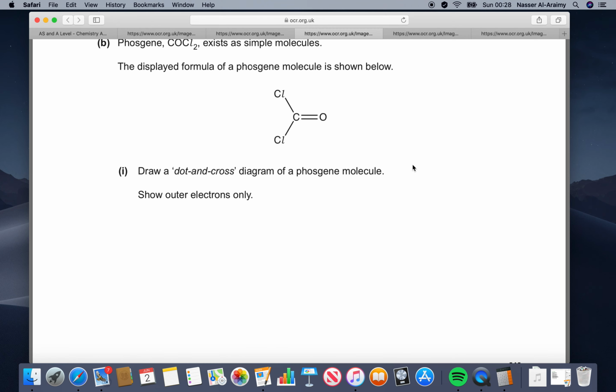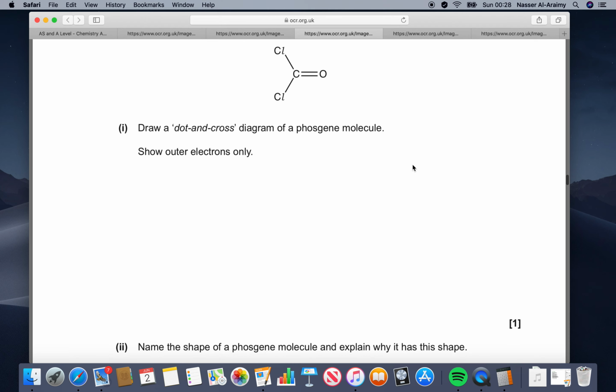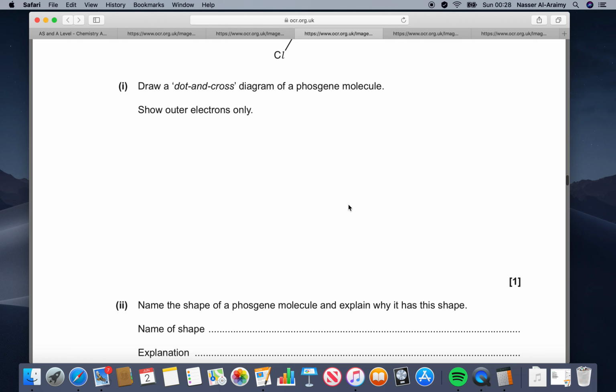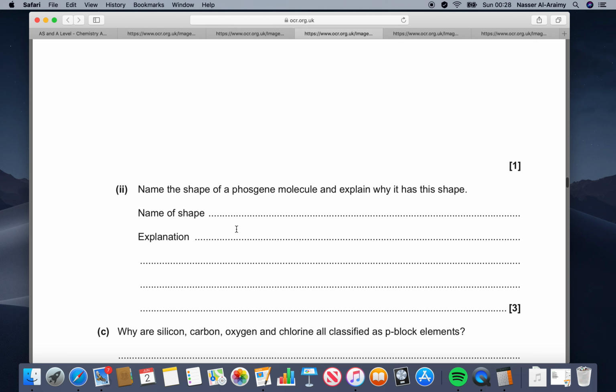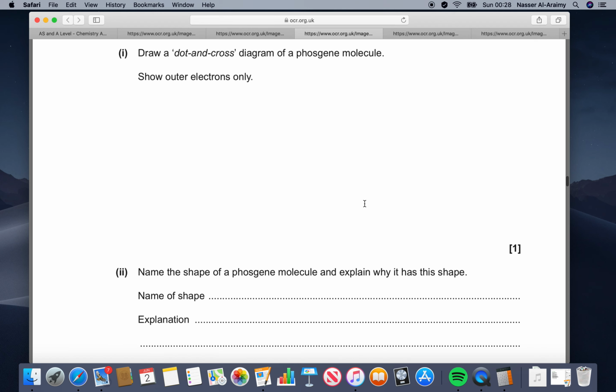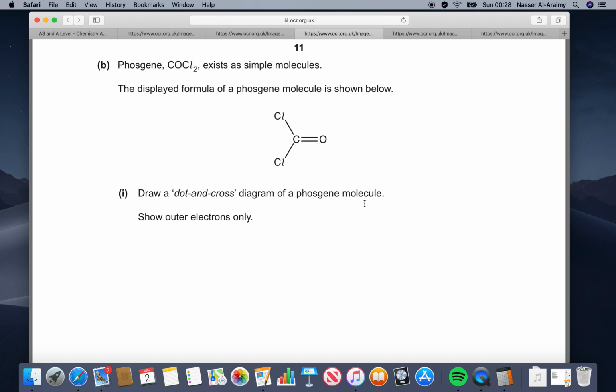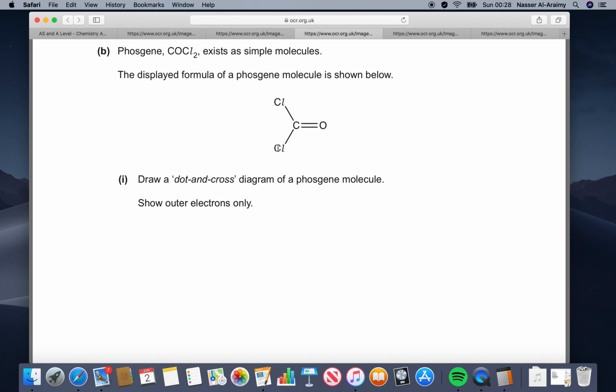Then you've got your dot and cross diagrams. Again, you've still got some simple ones, but then afterwards you've got to know the shape, and then explain why the shape is that. Sometimes they give you a random molecule, phosgene.